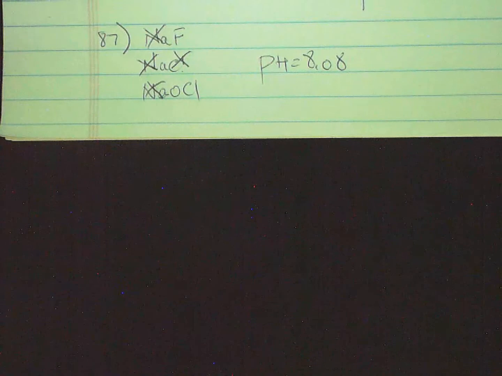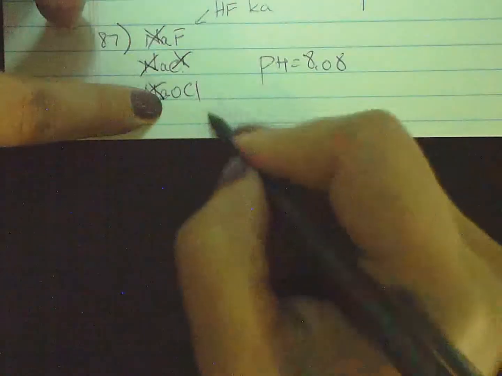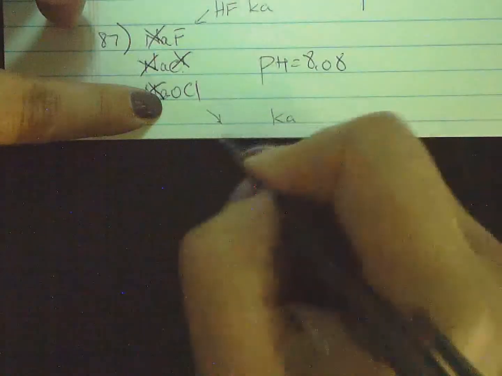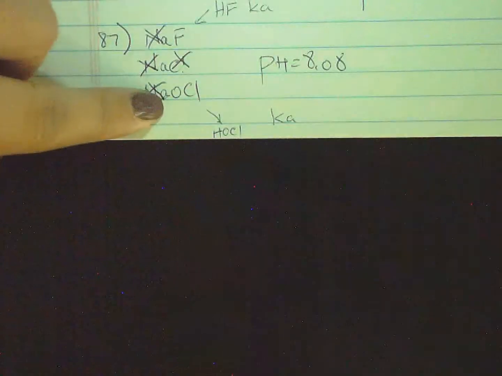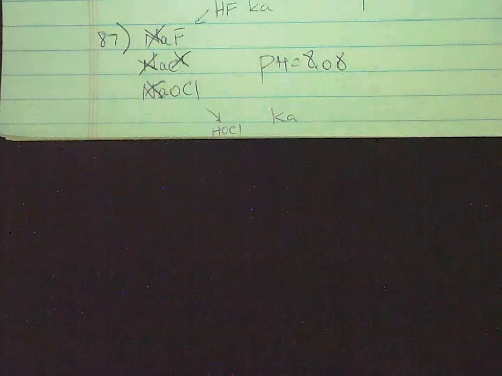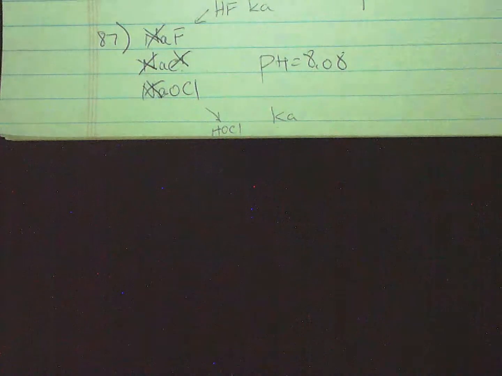I'm going to look in Appendix D, and I'm going to look at the Ka value. I'm going to look up the Ka value for HF and the Ka value for HOCl. I want you to remember what happens here. So in the back of the book, Appendix D, let's see.